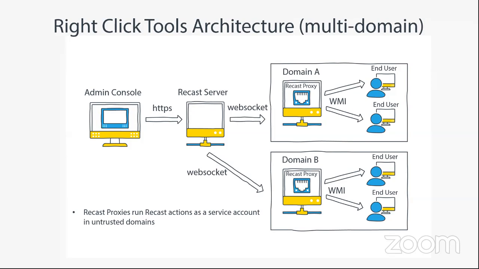But you could also configure it at the collection level as well. So you could say, well, if I'm targeting devices inside of this device collection, send it to this proxy. Or if I'm targeting users inside of this user collection, send it to this other proxy. And again, you can work at the site level too. So it's fairly flexible in what you can do. And again, that Recast Proxy service account doesn't have any requirements for a trust relationship with the Recast Management Server domain, right? It can be in a completely different domain. It doesn't matter.